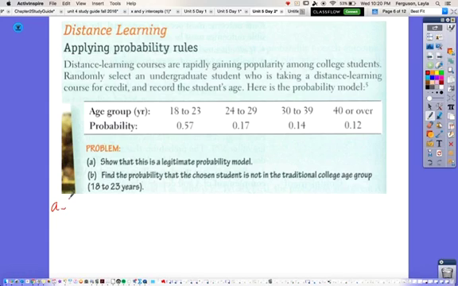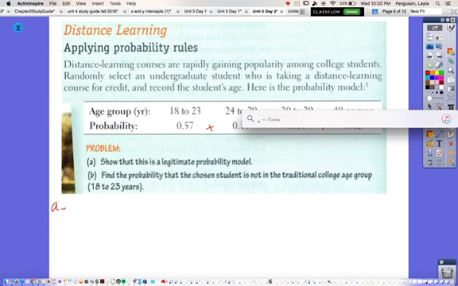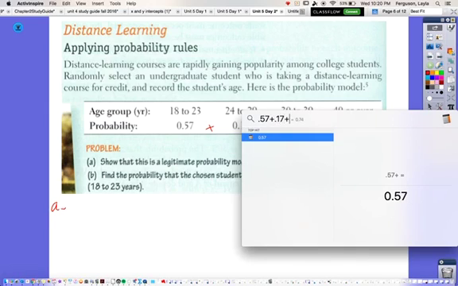For A, the probability of each outcome is a number that's between 0 and 1. If we look at all of these, they're all a probability that's between 0 and 1. And all of the probabilities of the possible outcomes add up to 1. So what we could do is add all of these together, and we would see that 0.57 plus 0.17 plus 0.14 plus 0.12 all adds up to give us 1.